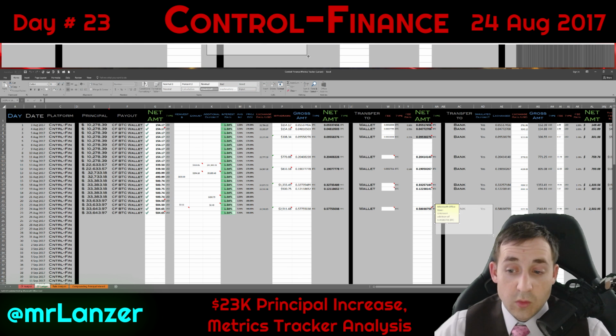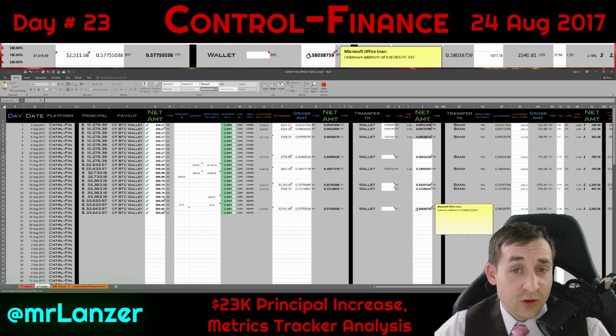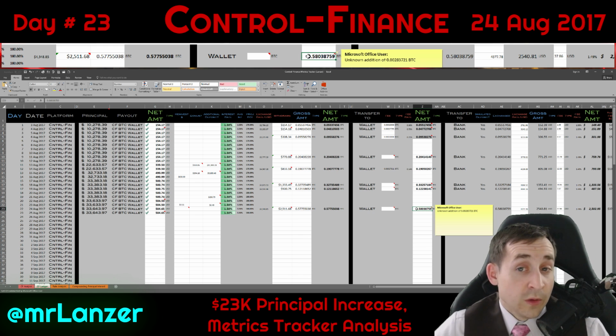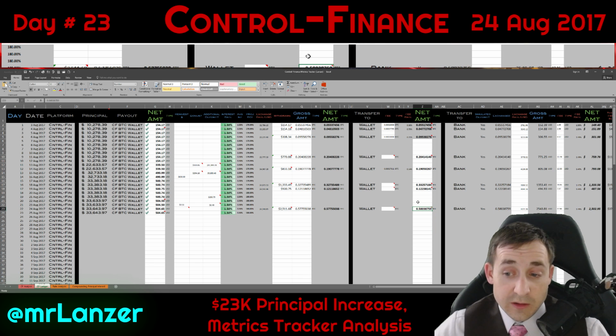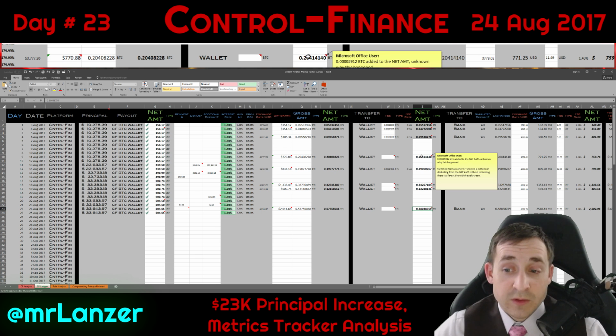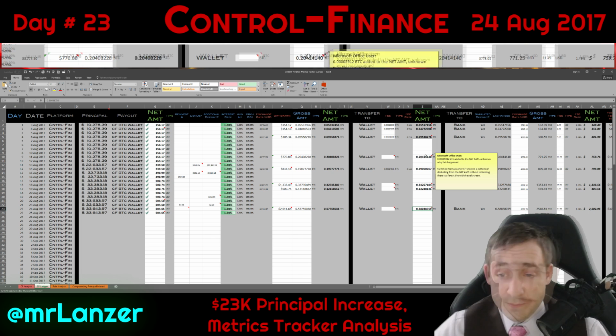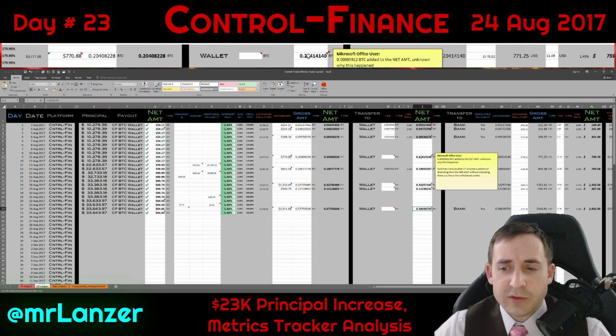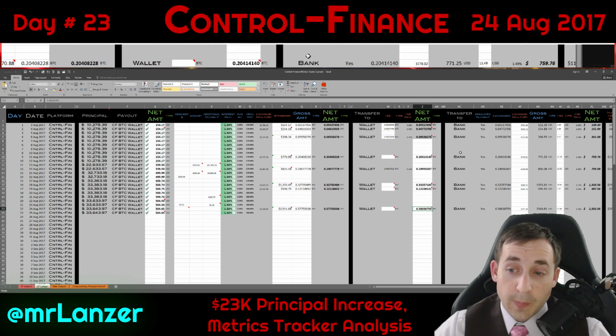I can't exactly count an increase as a fee. I don't really know why this is happening, but all I'm going to do is account for it, note it, and move on. It was quite a small amount, so I decided not to worry too much about it, because as you can see in the Control Finance support email, they think it's a commission blockchain pay client, whatever that is.